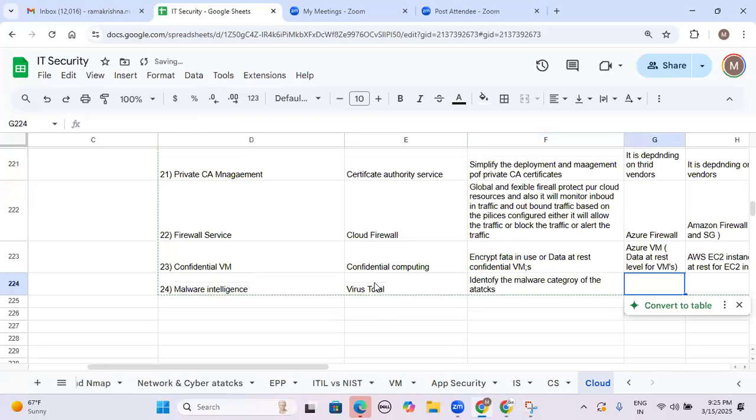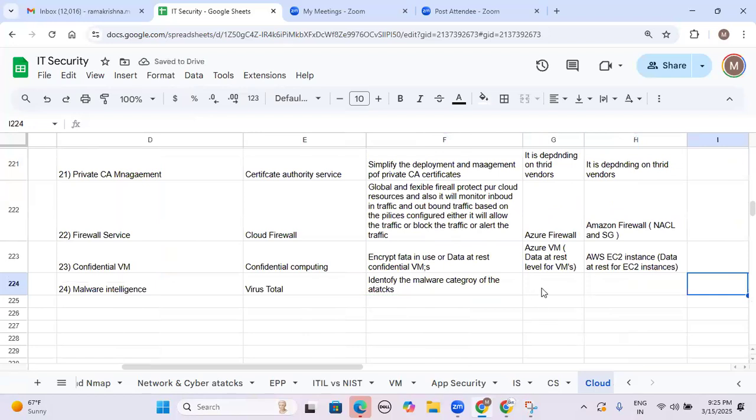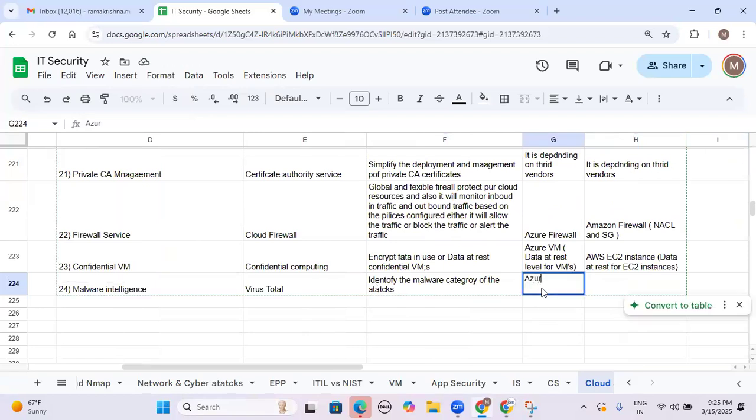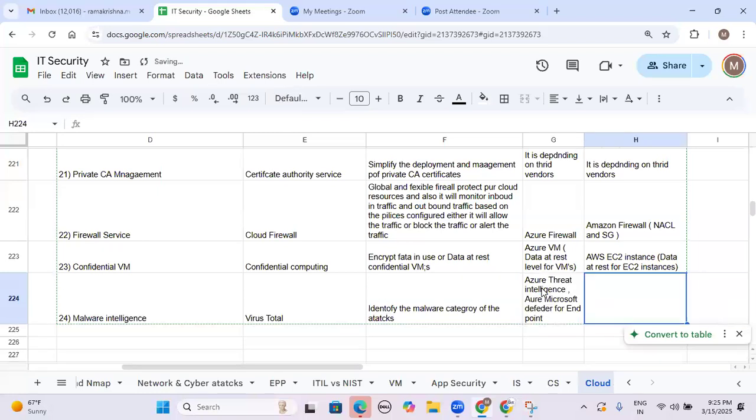So under this one, what threat intelligence are we using in Azure? Azure threat intelligence, Azure EDR, and Azure Microsoft Defender for Endpoint. On the Amazon side, we can say Amazon threat intelligence.